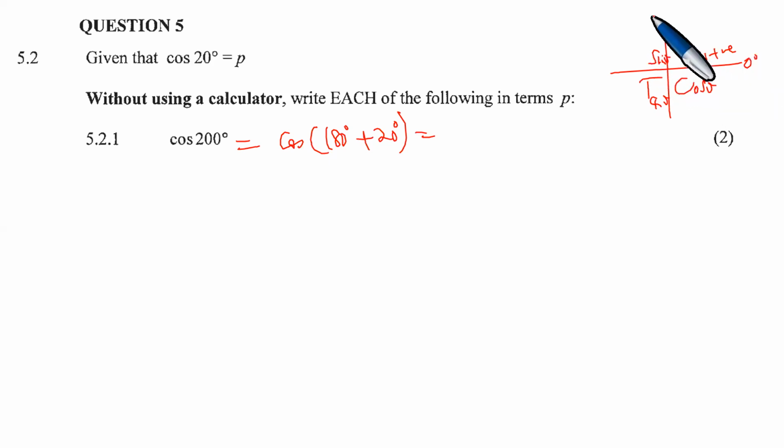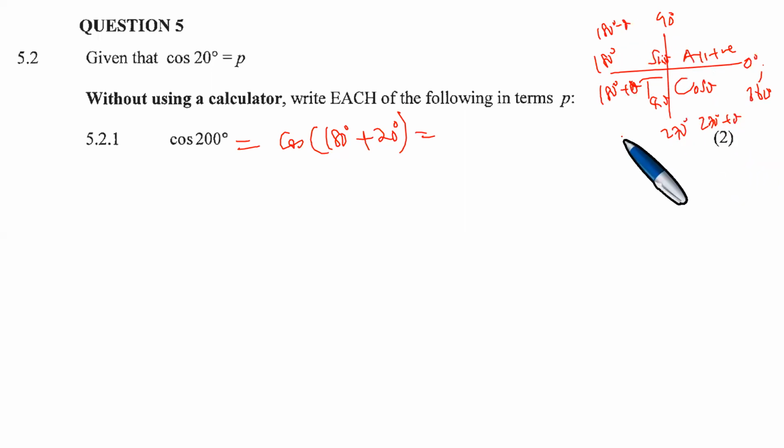0 degrees, 90 degrees, 180 degrees, 270 degrees, 360 degrees. So 180 plus theta is here, 180 degrees minus theta is there, 270 degrees plus theta is there, and 270 degrees minus theta is there.